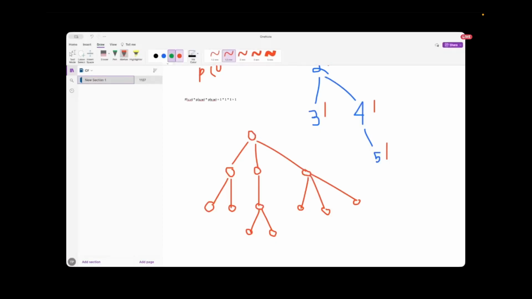For example, the distance between this node and this node involves climbing up to their least common ancestor. And if one node is directly an ancestor of the other, then the node at the top is the least common ancestor, and their paths both involve going up to hit that LCA and then meeting up.